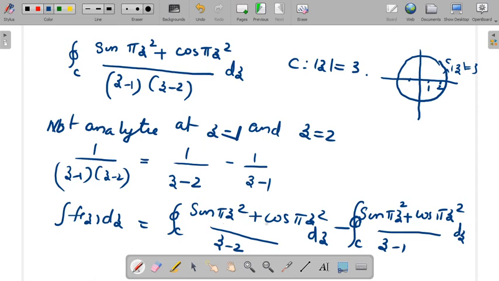The numerator consists of sine and cosine functions, which are analytic. Now this takes the form of the integral over C of f(z) by z − a dz, and the value was 2πi times f(a). In the first integral, the value of a is 2. In the second integral, the value of a is 1.